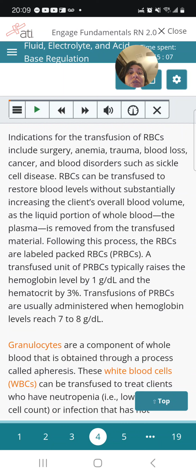Indications for the transfusion of RBCs include surgery, anemia, trauma, blood loss, cancer, and blood disorders such as sickle cell disease. RBCs can be transfused to restore blood levels without substantially increasing the client's overall blood volume, as the plasma is removed from the transfused material.